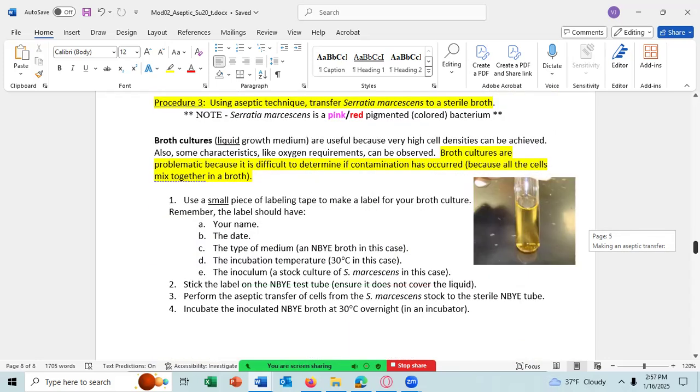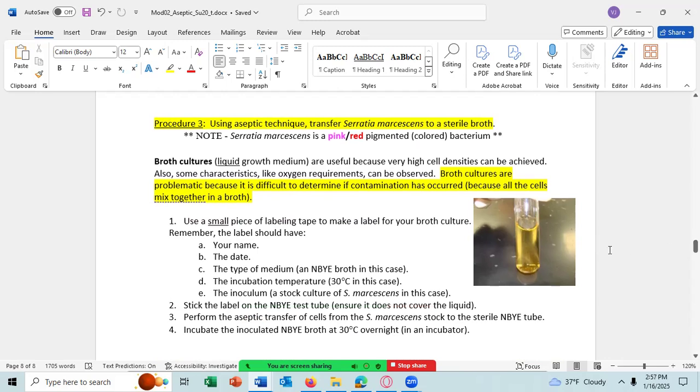So in procedure 3, you will be using aseptic technique to transfer Serratia marcescens into a sterile broth tube. And Serratia marcescens, when it grows in a liquid culture, will appear pink. Now remember, broth culture is a problem because it's difficult to determine if contamination has occurred because all the cells will mix together.